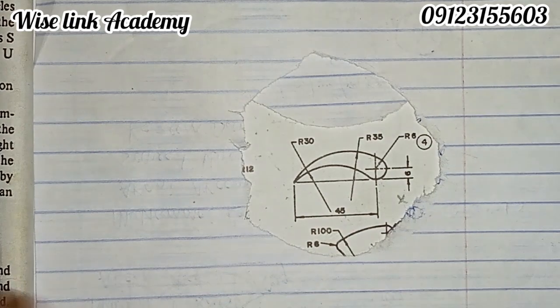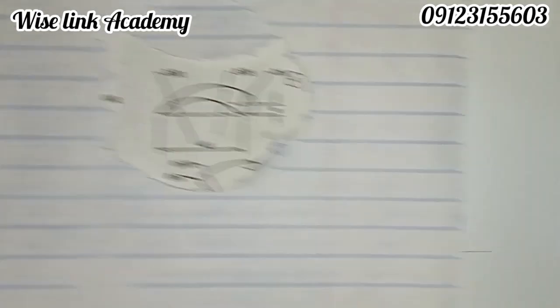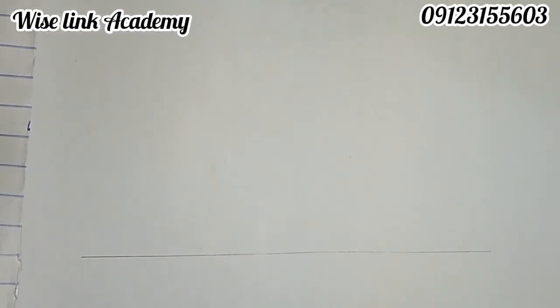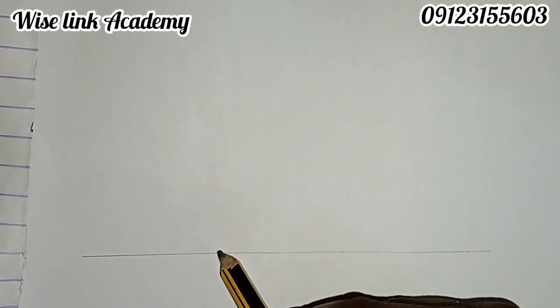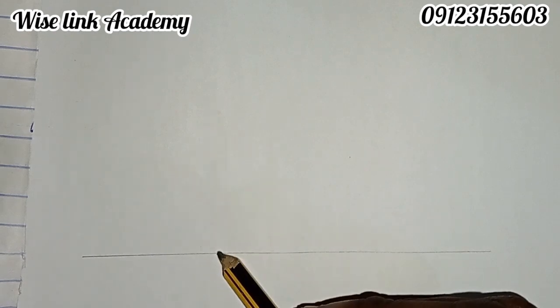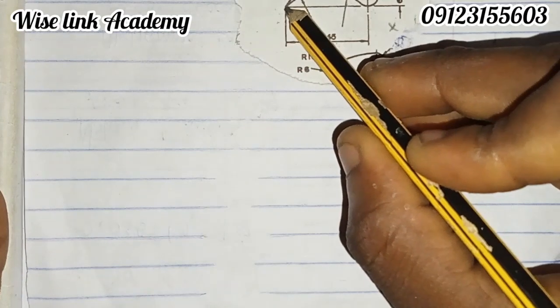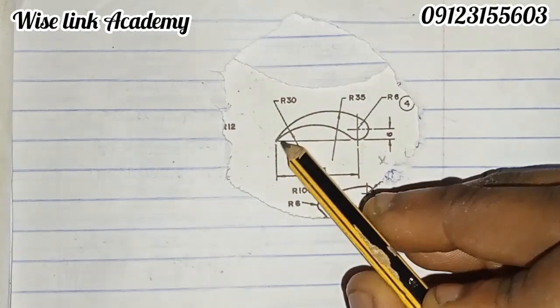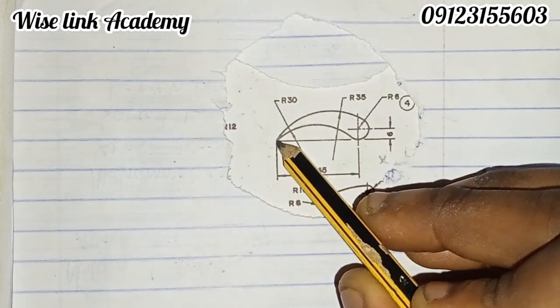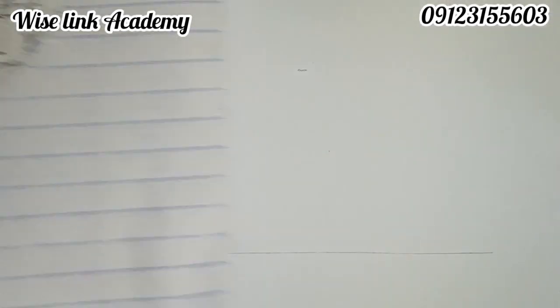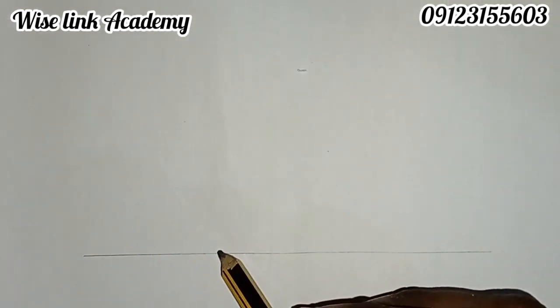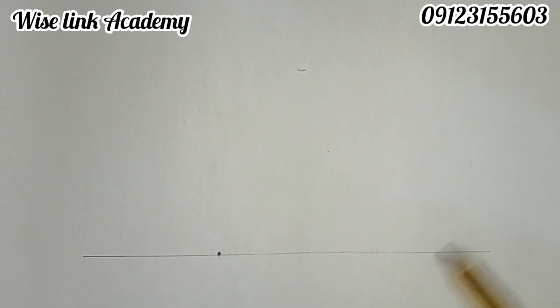So let's take that point to be this. Let's start the point from here, isn't it? This point here is the point at the edge. So from this point I'll measure 45.